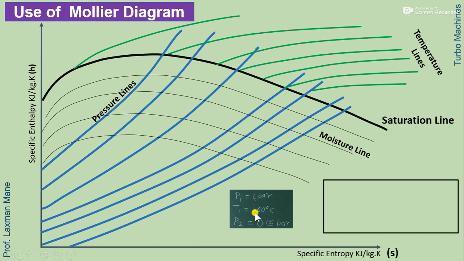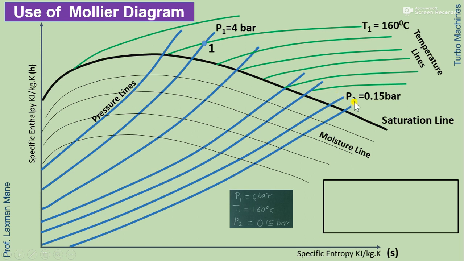How we will see: we are given pressure 4 bar, so suppose this is the 4 bar pressure line, and temperature 160 degree Celsius, so this is the 160 degree line. Where this pressure and temperature line meet, this is point number 1.